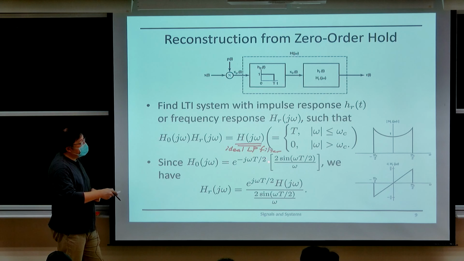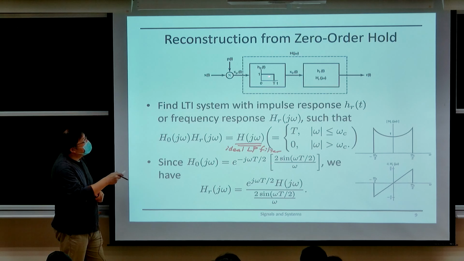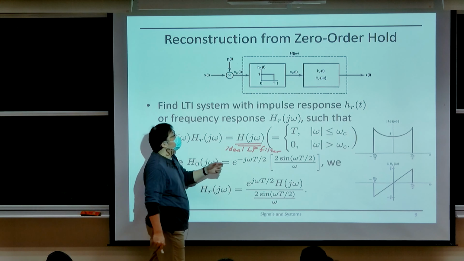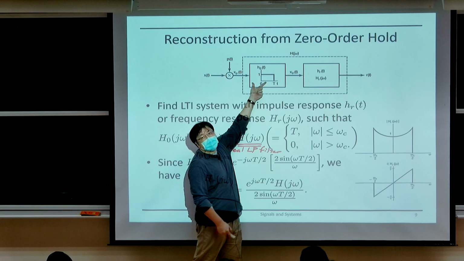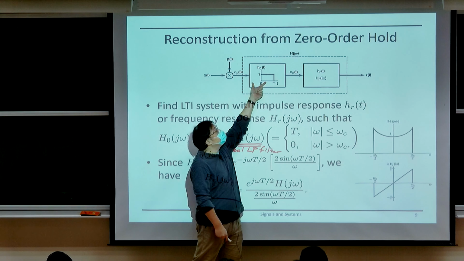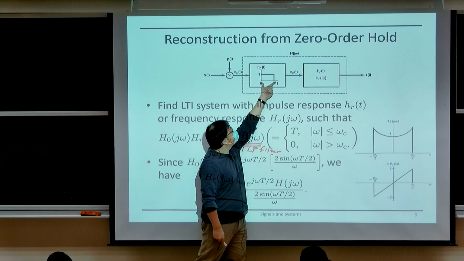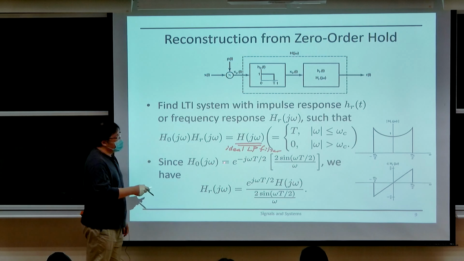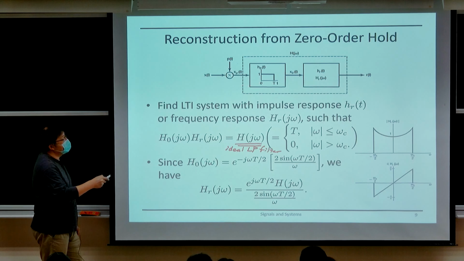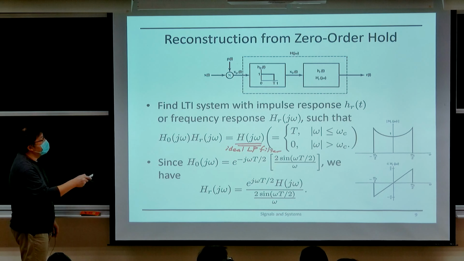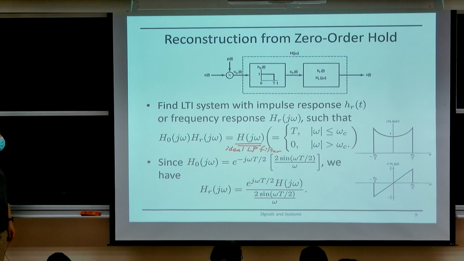But there is a delay. There is a phase shift due to the delay. If this was centered at 0, then we just have a pure sinc function. But this is biased to the side, so we have a phase shift because of the time delay.